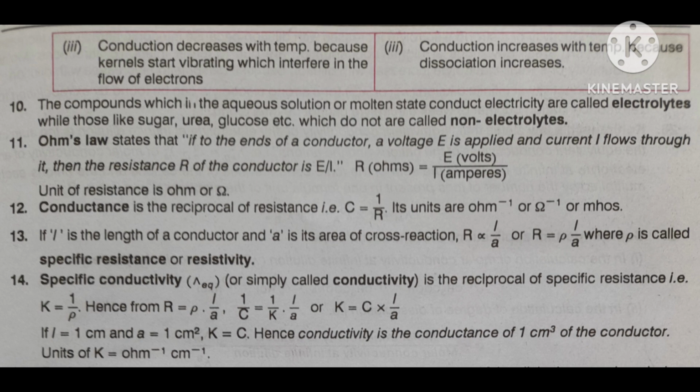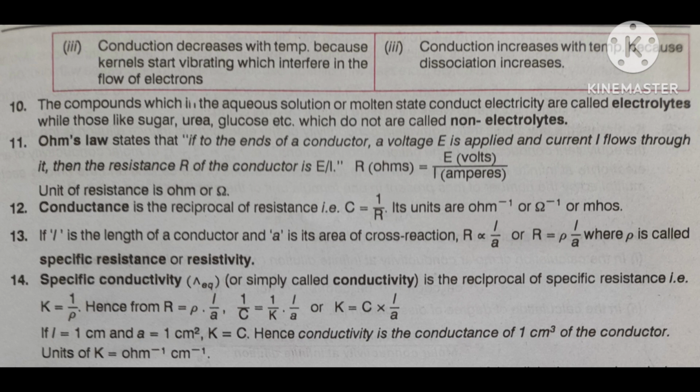Now Ohm's law. Ohm's law states that if at the ends of a conductor a voltage E is applied and current I flows through it, then the resistance R of the conductor is E upon I, means R is equal to E divided by I. E means here volt, I means here ampere.